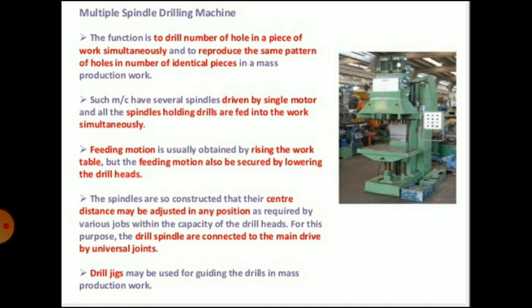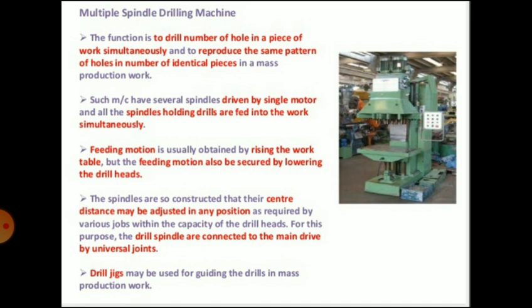You can put different speeds for the spindles, but feed is the same, meaning you can move the drill head in a downward direction. So the feed is the same for all the spindles.